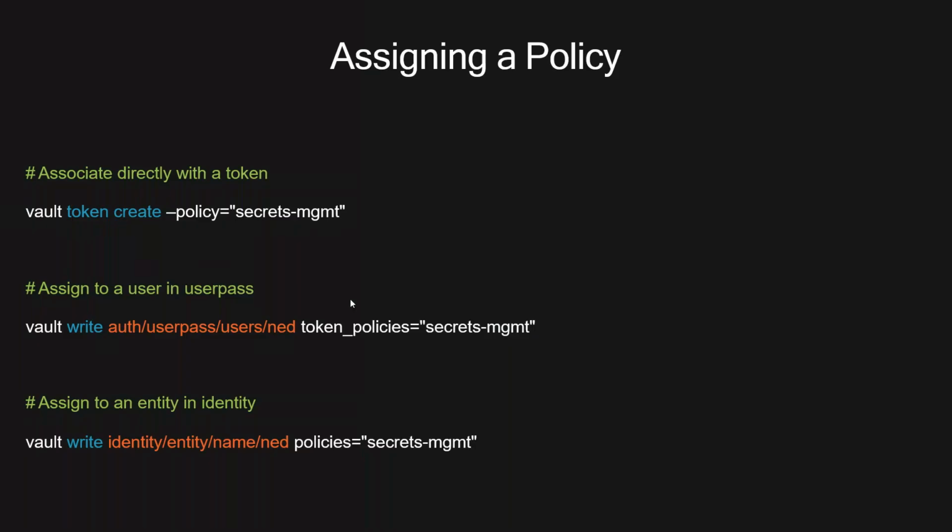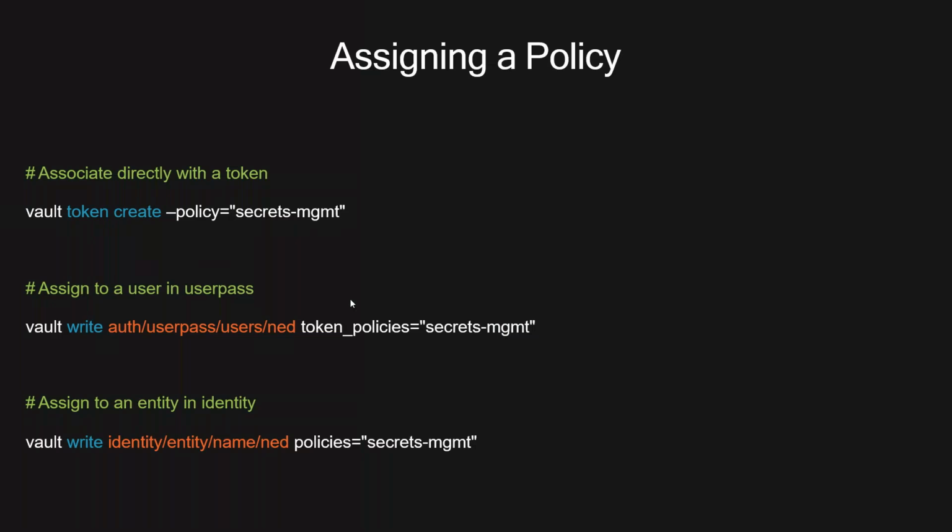What policy? The one which you created previously, secret management. That means those people who logged in with the token, except the admin, remember, root, will have the secret management policy. Now, which path you allow or deny is up to the policies, right?